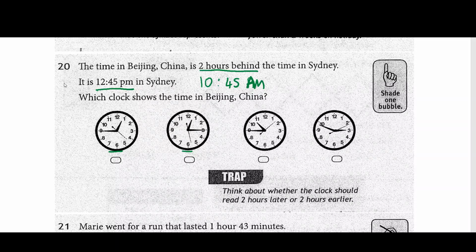No. This third one here looks good. This looks like to be 10:45 because this large hand is at the 45 point and the smaller hand is getting towards the 11. So it looks as if that is our answer there.